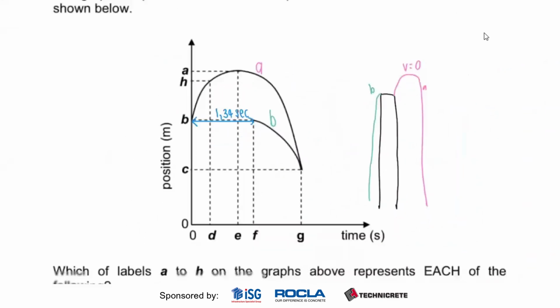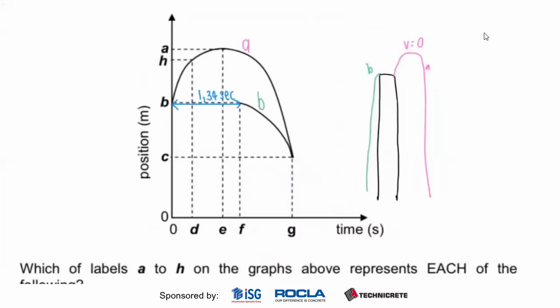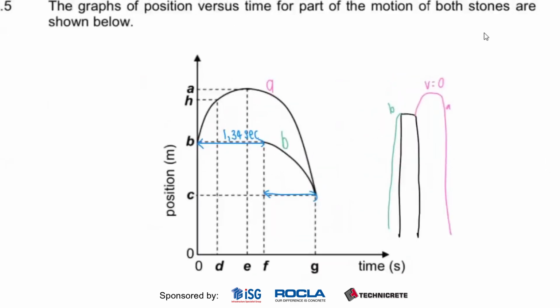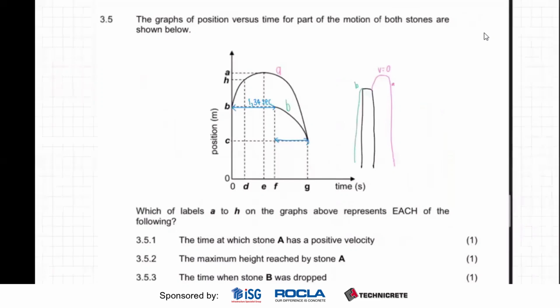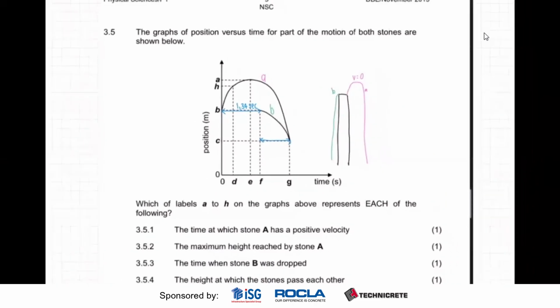And then we could also work out what the time from F to G is from the total time of A that we worked out in the previous question minus 1.34 seconds, but we don't need to do that. So we are going to go into the questions now.